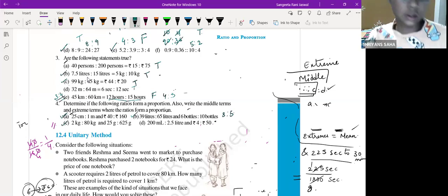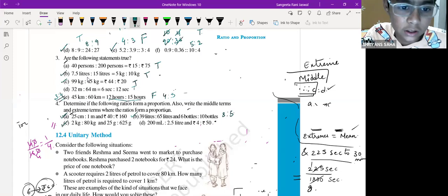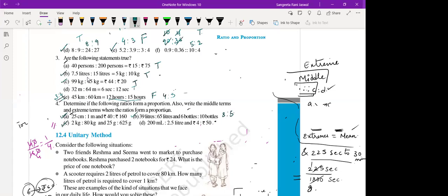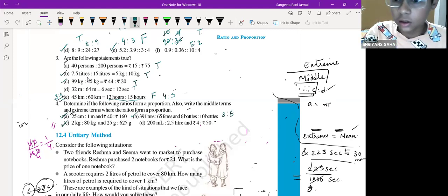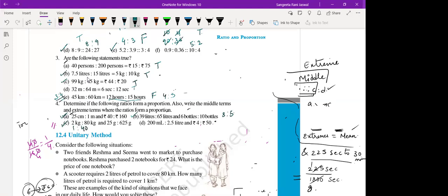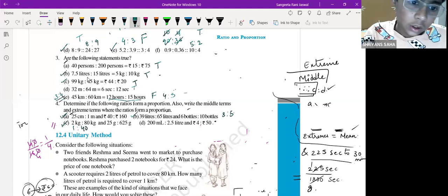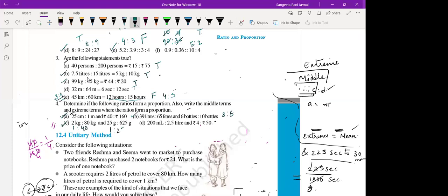Okay. Shreyansh, you tell me. Not in proportion. Okay, what is the ratio here? What ratio you got? Ma'am, first one is 1:40 and another one is 1:25. Okay, 1:25. So they are not in proportion.